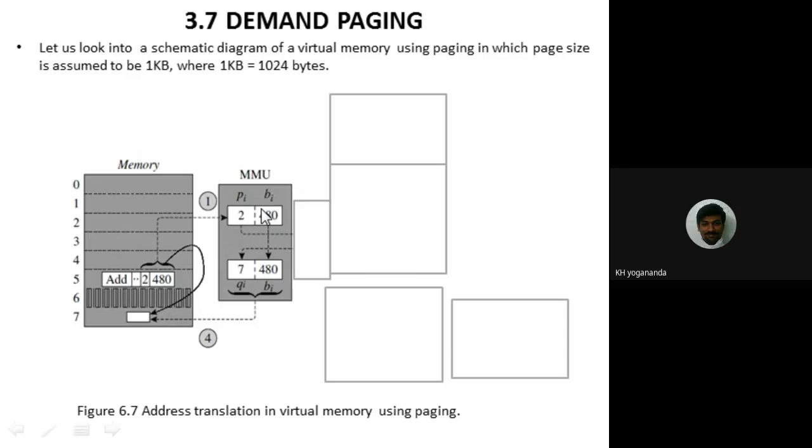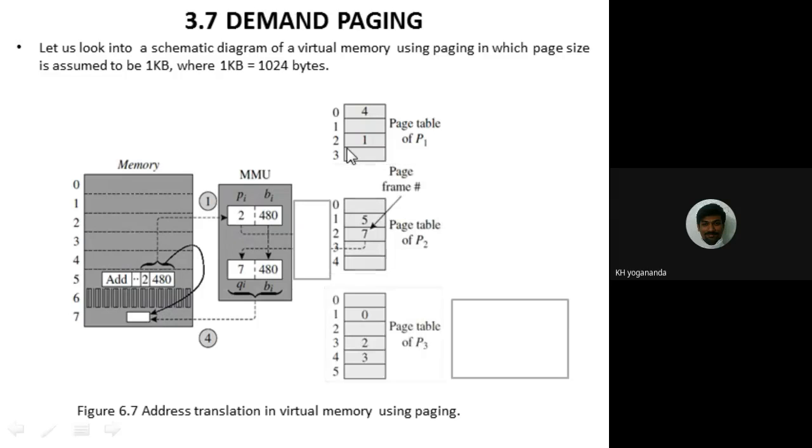When we take some processes, we need to construct the page table of a process. So there will be 3 processes, P1, P2, P3, and we'll be constructing the page table for each process: page table of P1, page table of P2, and page table of P3. Hope I'm audible.